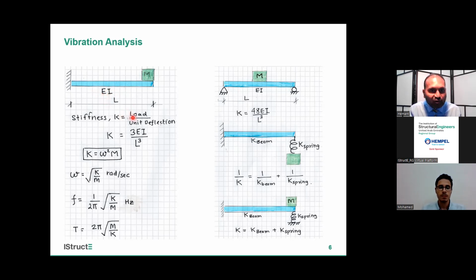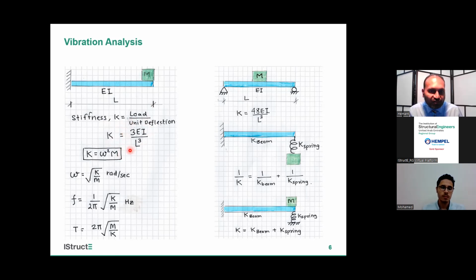So we calculate stiffness first. Stiffness is the load required for unit deflection. So at the tip, if I apply P force, deflection is PL cube over 3EI. So stiffness becomes 3EI by L cube.